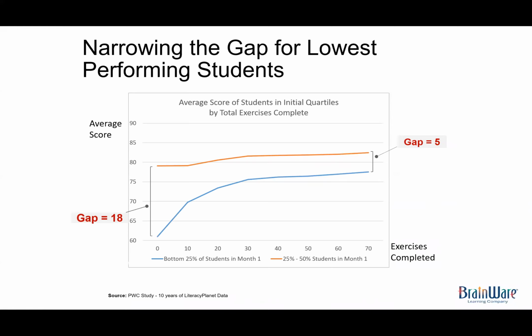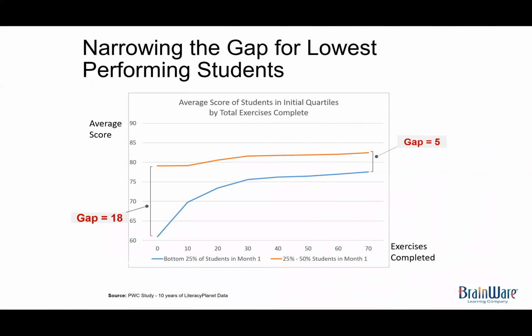Now I want to spend just a few minutes looking at what schools and students have experienced as they've used LiteracyPlanet. This is based on research that was completed by PricewaterhouseCoopers. What they did was take 10 years of LiteracyPlanet data, so enormous amounts, millions of bits of data and hundreds of thousands of exercises, and they were able to look at how the students improved their average score as they completed exercises in the program.